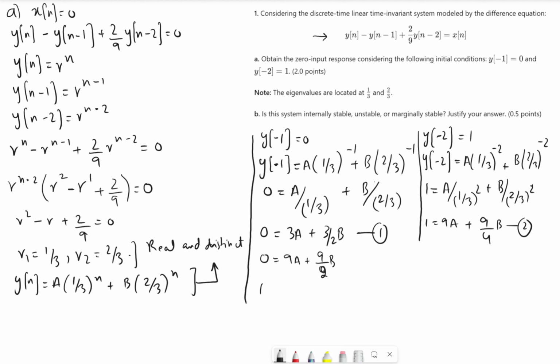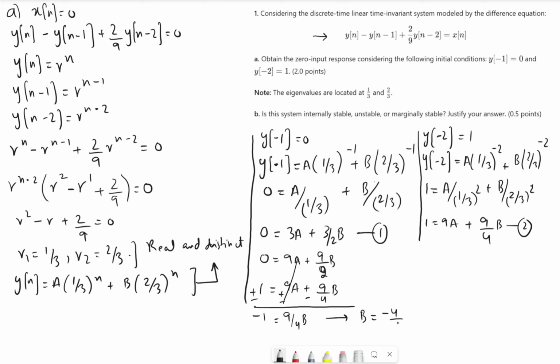So 1 is equal to 9a plus 9 by 4b. If I subtract these two, this will become minus 1, the 9a cancels out, and 9 by 2 minus 9 by 4 is equal to 9 by 4b. So I can get the value of b.